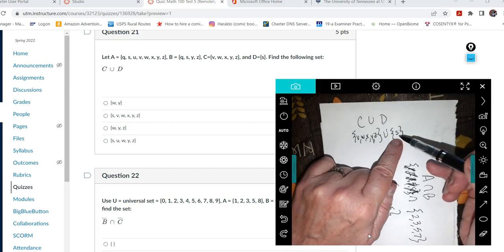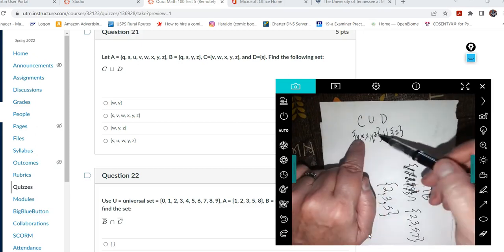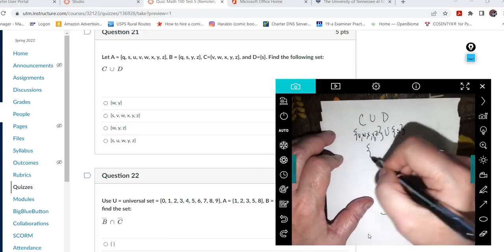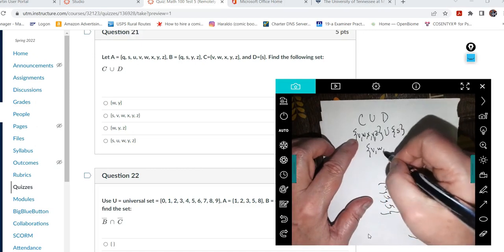Now, S is the only thing in D, and we can see it's not in here, so that's good. We're not going to have any repetitions anyway.